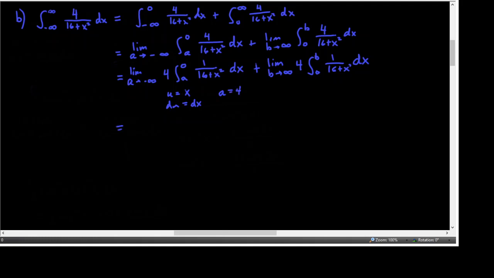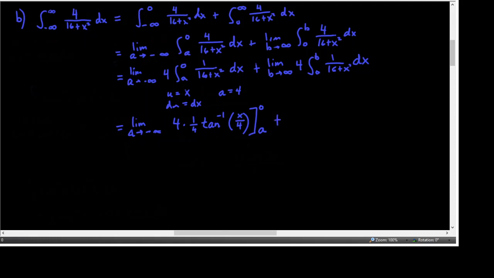So this is the limit as a approaches negative infinity of 4 times 1 over a, so 1/4, inverse tangent or arctangent of u, which is x, over a, which is 4, and that will be evaluated from a to 0.